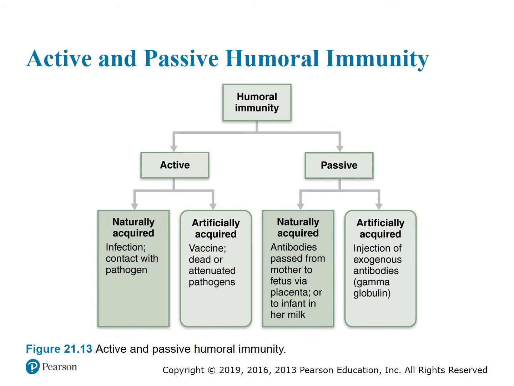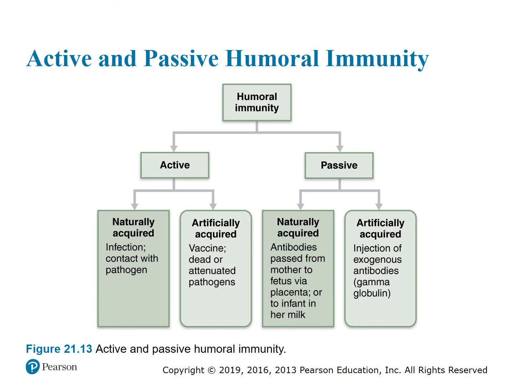In passive immunity, naturally acquired is through the mother, right? From the mother to the fetus via the placenta. And this is natural, so it's antibodies that are passed from the mother to the fetus, or from the mother through her milk to her infant.